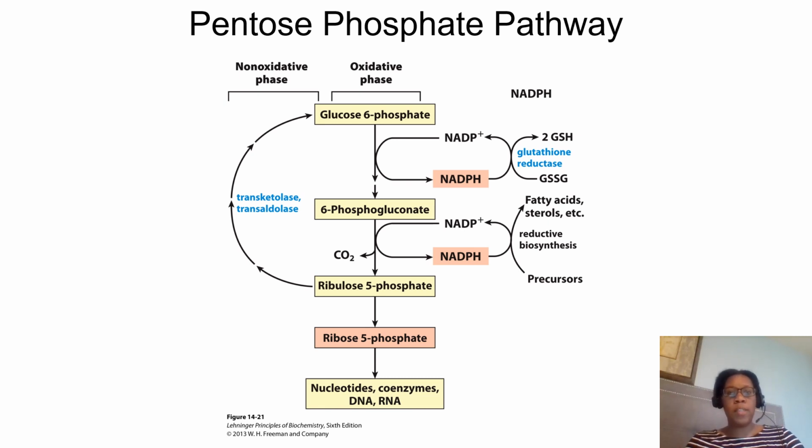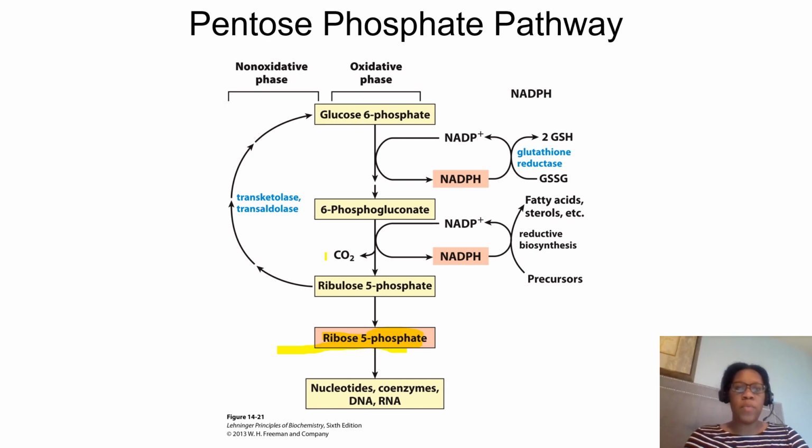And what is the pentose phosphate pathway? Well, we're making a pentose. So if you remember the structure of our nucleotides, one pentose is very important, and that is ribose. So from G6P, we can make ribose 5-phosphate.